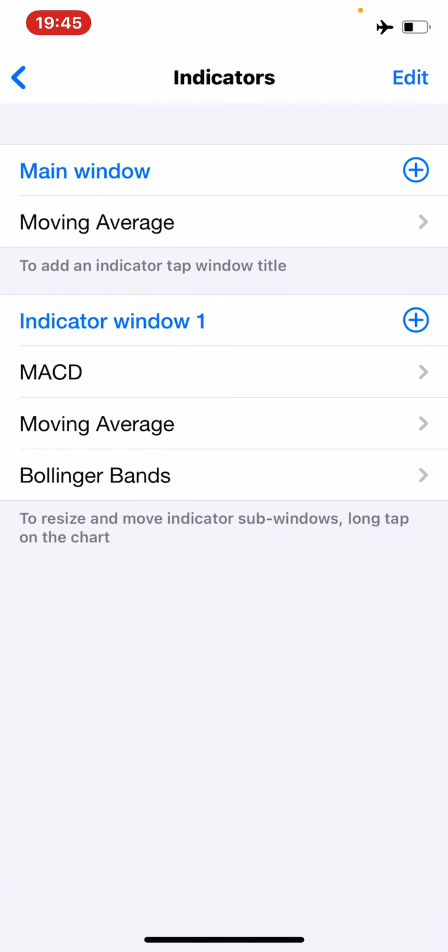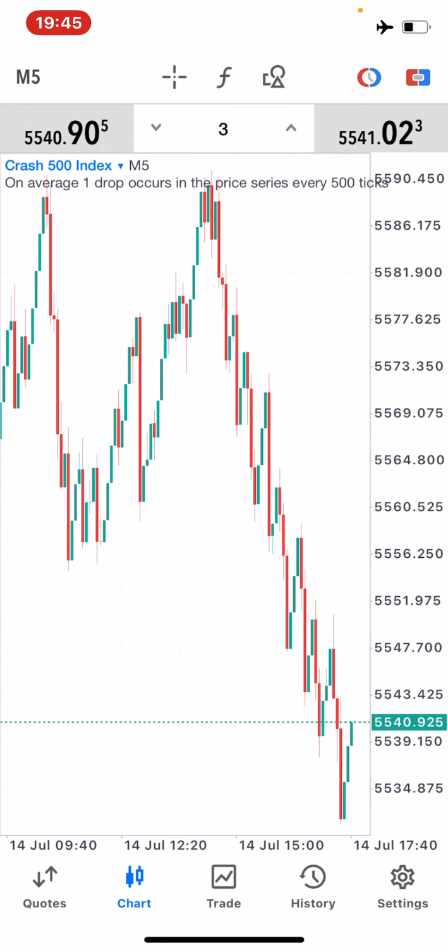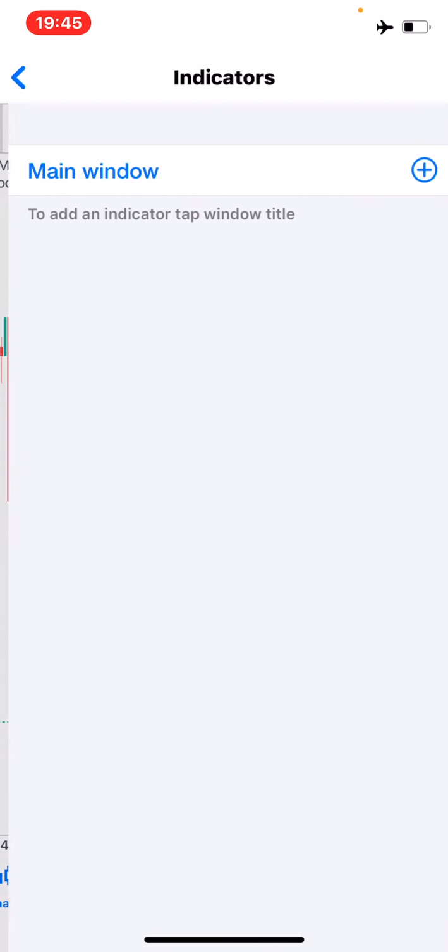Okay, so as usual, I'll remove all the settings that I have right here on my charts, and we'll have a fresh chart like this, and I'm going to start off explaining the settings that you would need for this strategy. So the first indicator that we want to install is a moving average, right?